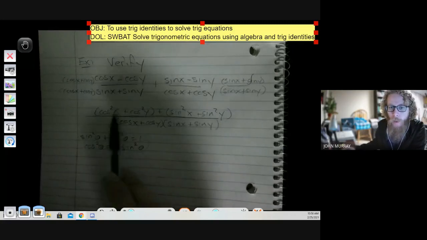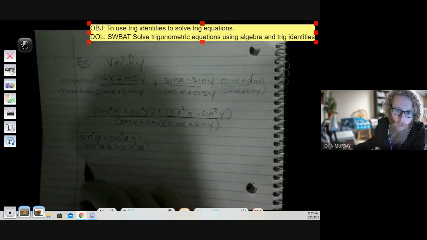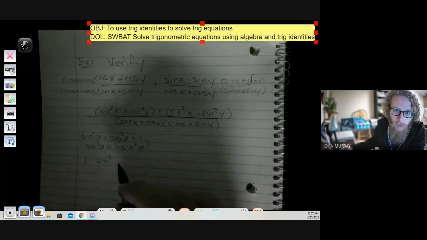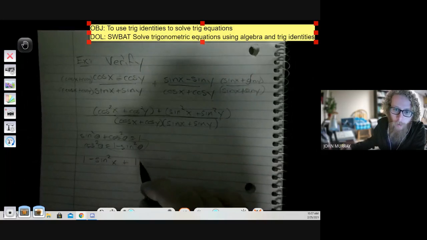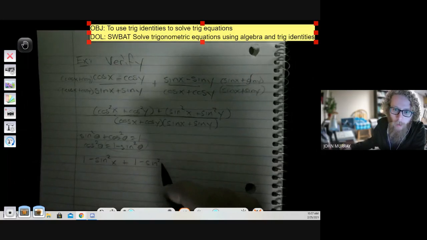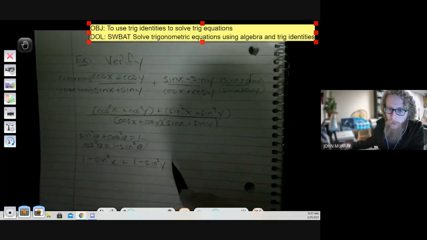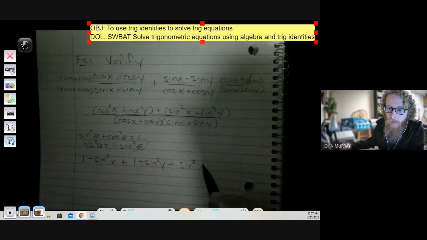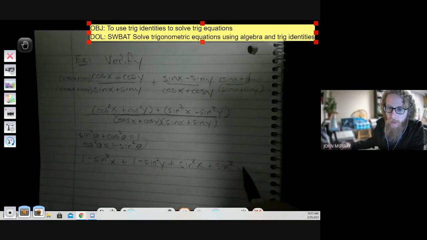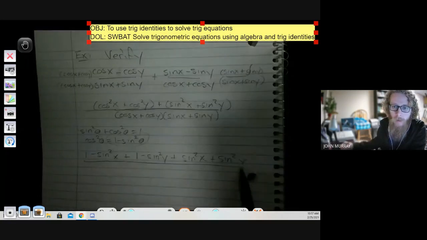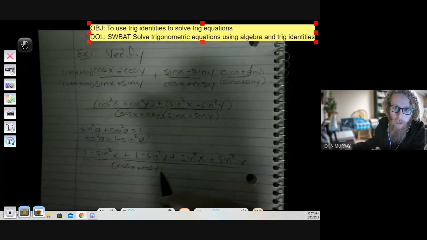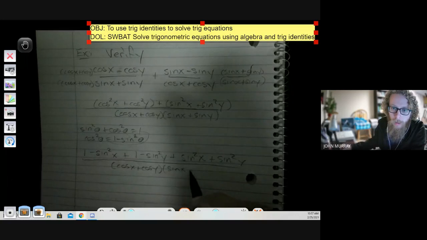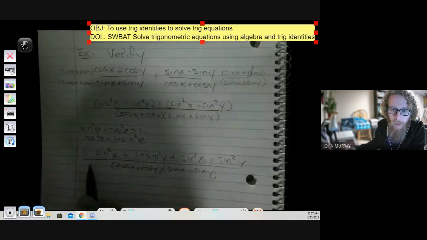I'm going to replace this for both of those. So I'm going to have 1 minus sine squared of x plus 1 minus sine squared of y plus sine squared of x plus sine squared of y. And again, I didn't touch the denominator: cosine x plus cosine y, sine x plus sine y.